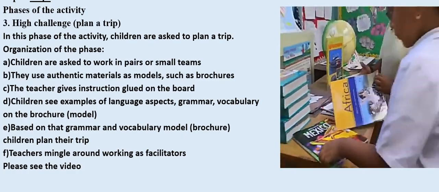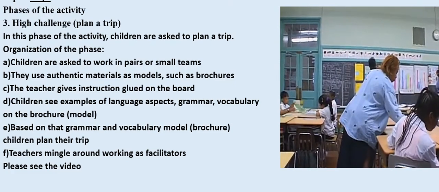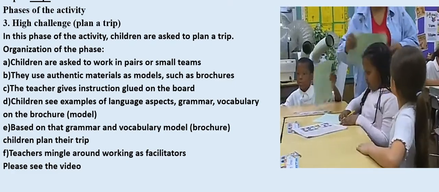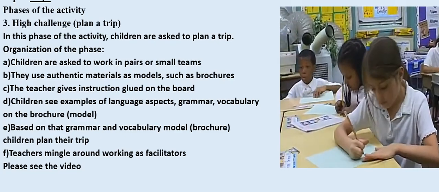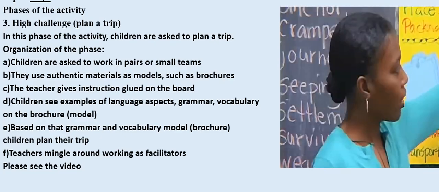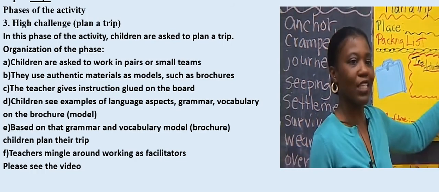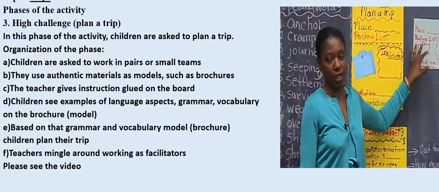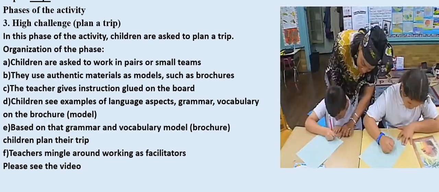Pick up your brochures. Start writing out your plan for a trip. What you need to do, class, is write the place where you're going, a packing list, the trip activities, and your transportation. Let's do that first on the green sheet. And if you need any help, raise your hand.